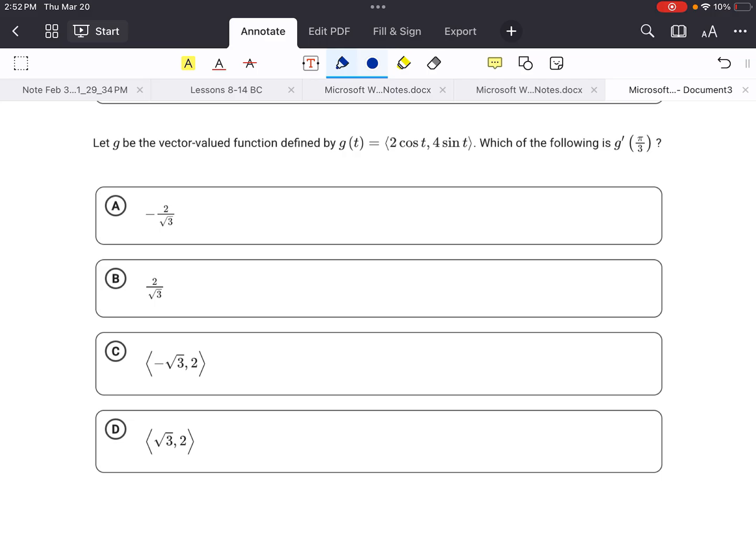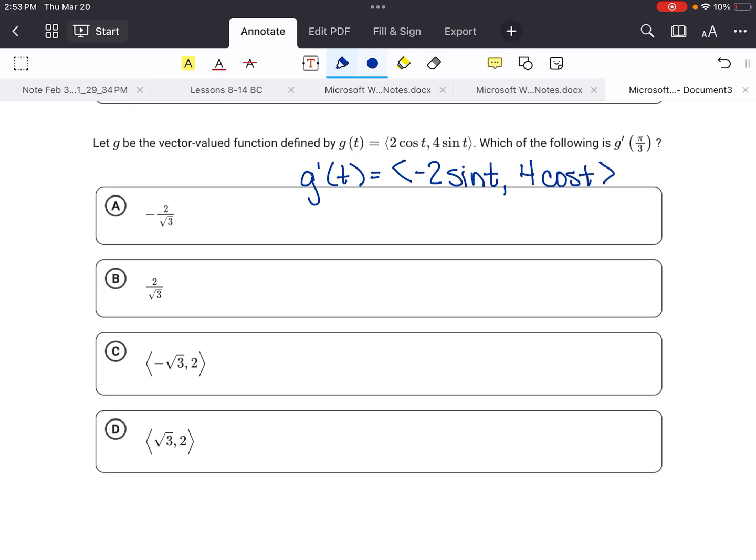Oh goodness. On this one, I want the derivative and I want it evaluated at a certain point. This is vectors again, but it's really vectors and parametric, you treat them kind of the same way. So the derivative of 2 cosine is negative 2 sine. And the derivative of 4 sine is 4 cosine.